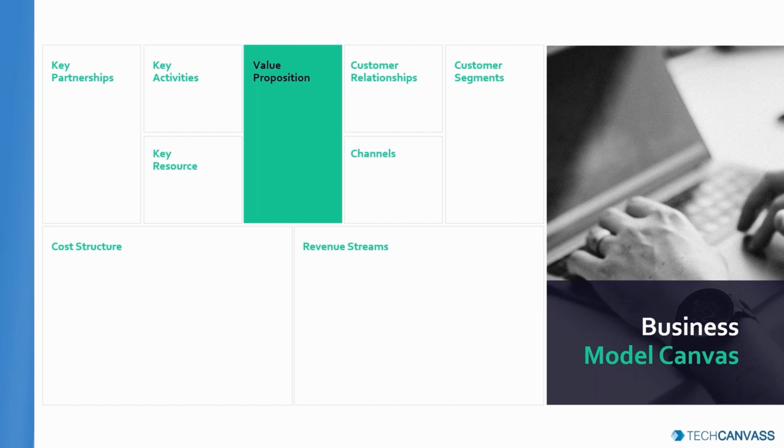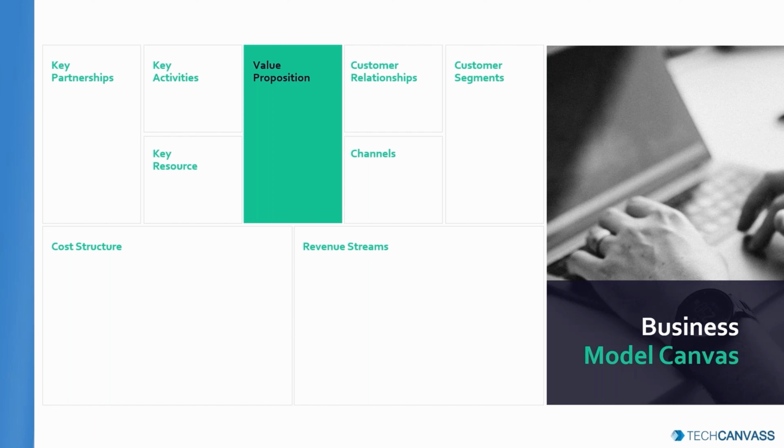For example, low cost airlines operate on a low cost structure, which enables them to offer a low cost flying experience to their customers. So these were the 9 elements of the business model canvas, which is used by organizations to map their business model onto a canvas.